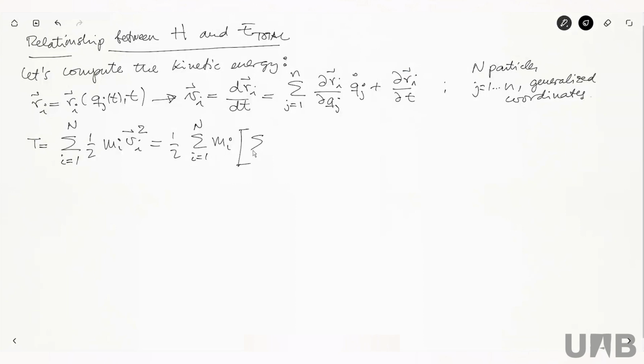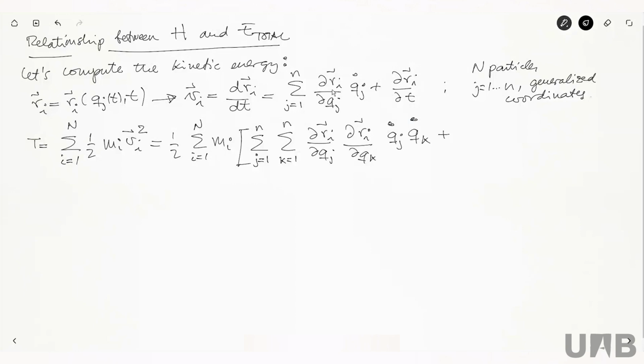So the answer is the sum from j equals 1 up to n, sum from k equals 1 up to n, of the derivative of r_i with respect to q_j, derivative of r_i with respect to q_k, q dot j, q dot k. That's the first term, the square of the first guy, plus the cross term, q dots times this guy, and there are two of them.